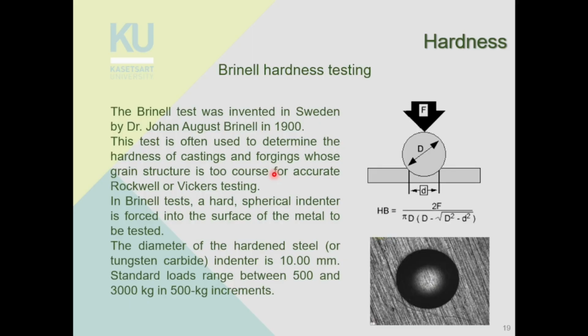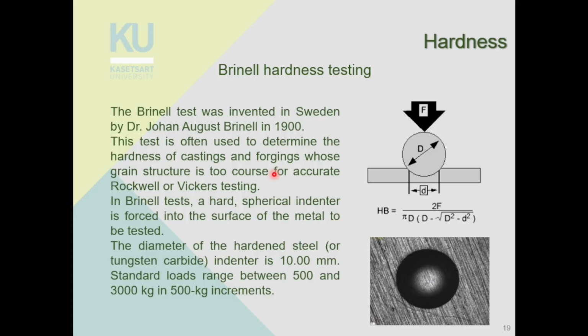For a hard material, the indentation will be quite small. It would have small d, right? So for hard material, you would get a higher number because you have small d here. But for soft material, these two values are getting closer and closer, so you will get smaller and smaller number for the hardness, right? So the higher the hardness number, the harder the surface.